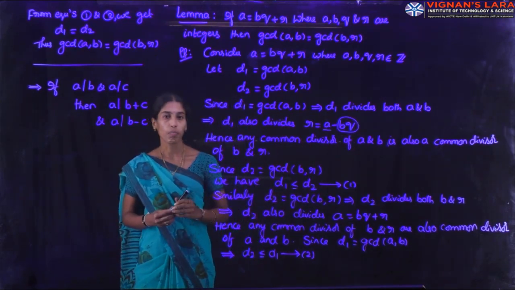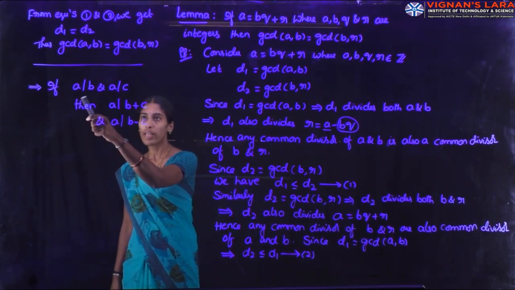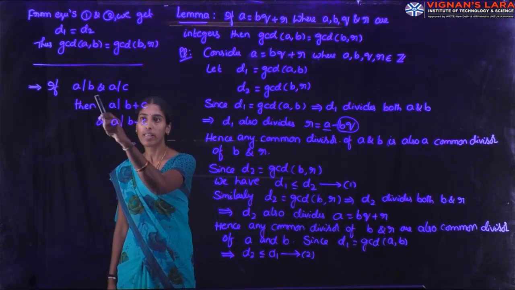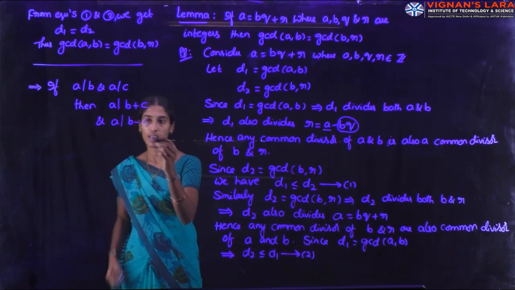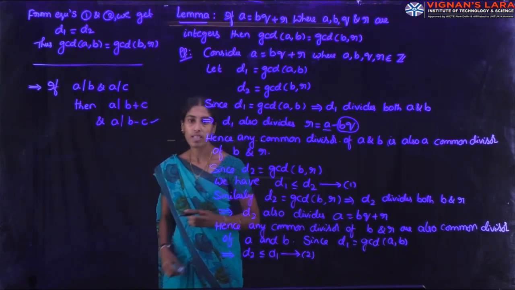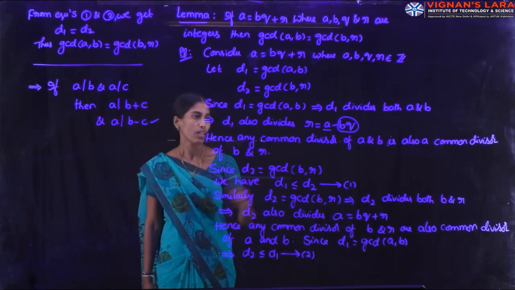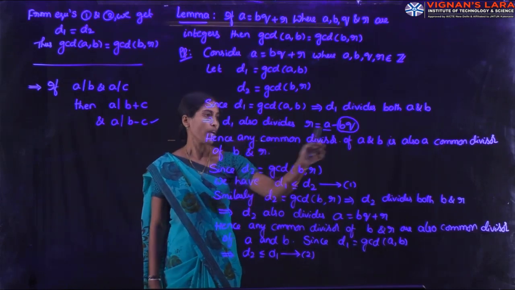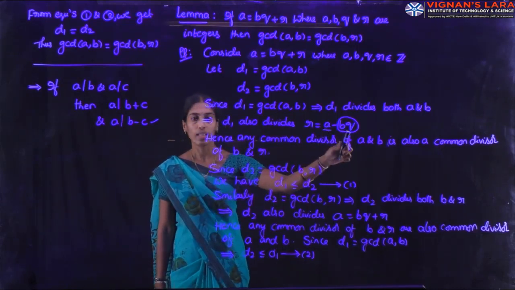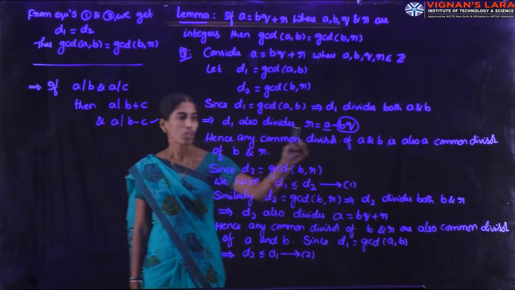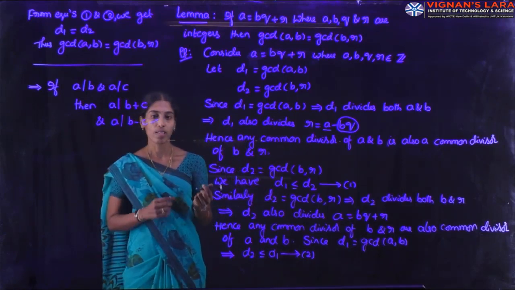Using this result, D1 divides A and D1 divides BQ, so D1 divides A minus BQ.